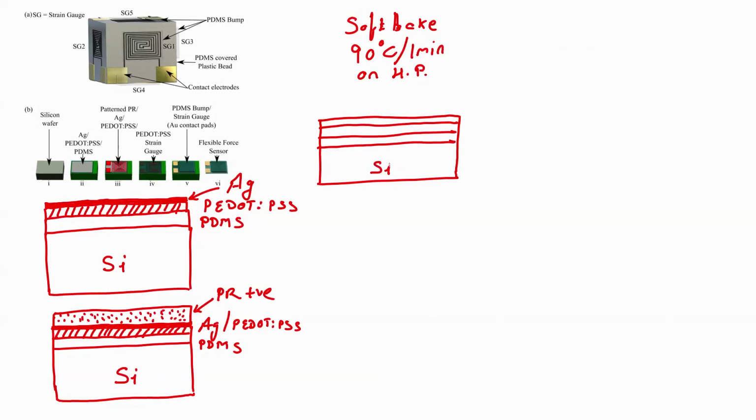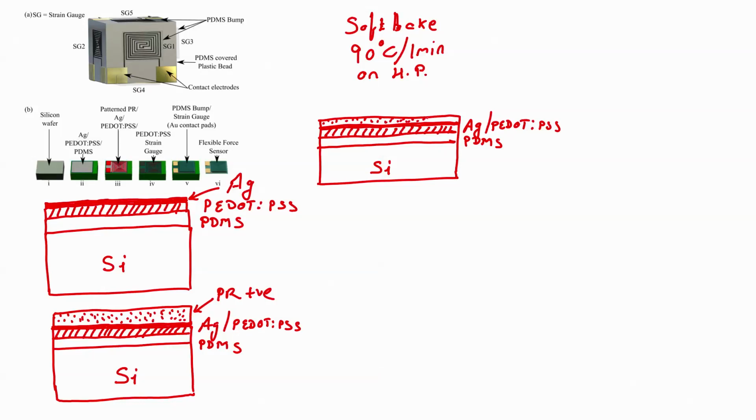Silicon, what is next? PDMS, then we have PEDOT:PSS with silver. On that, what do we have? We have photoresist.